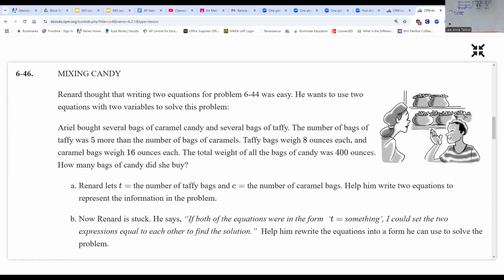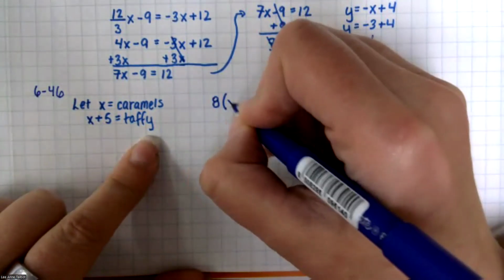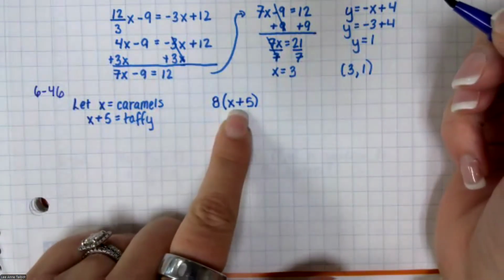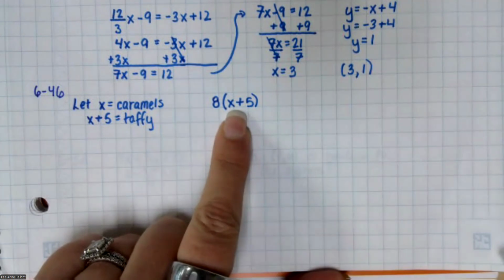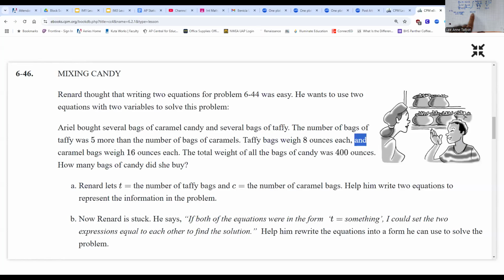Taffy bags weigh 8 ounces each. Taffy bags weigh 8 ounces each. So taffy bags, 8 for each one. That means times. And that's plus.